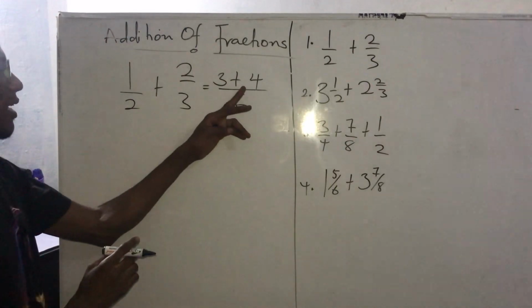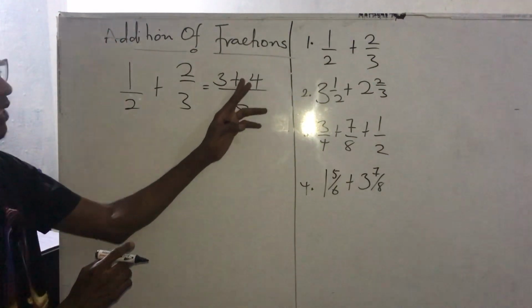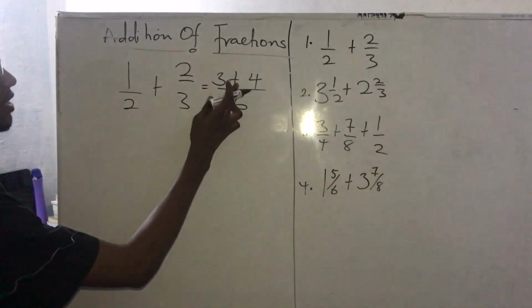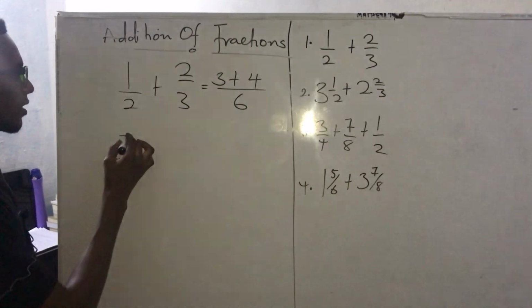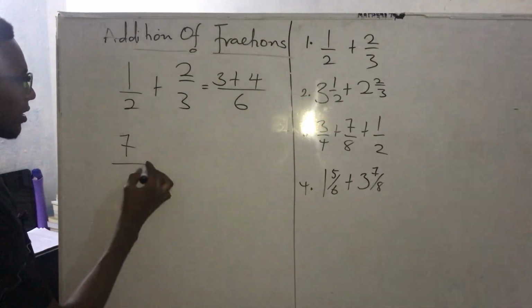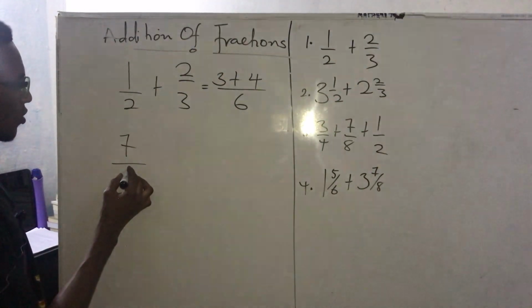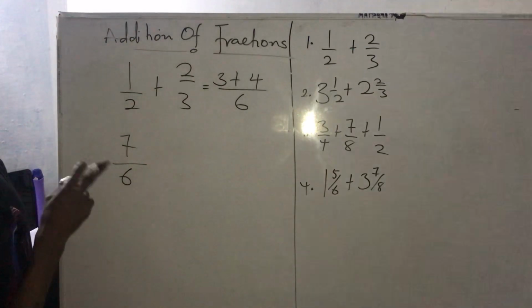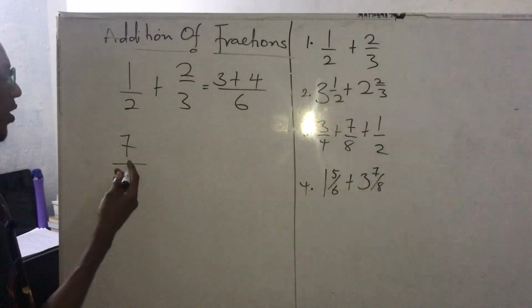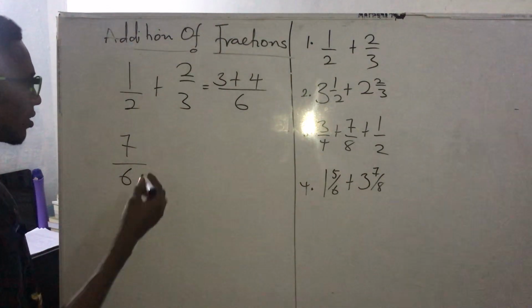So 3 plus, now we have to carry on the operations. The addition sign is here, 3 is here, 4 is here. So 3 plus 4, we have 7. Then we bring the denominator, which is a 6. This is an improper fraction, so we have to change it to a mixed fraction.